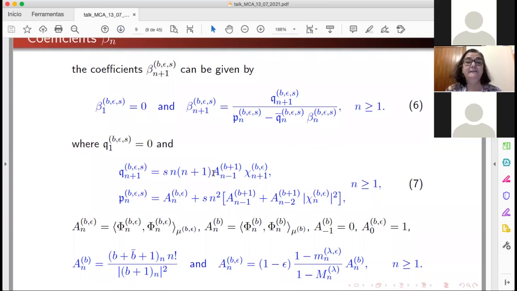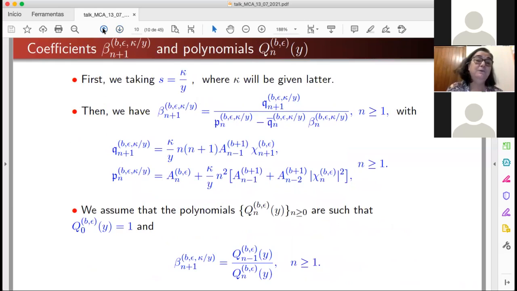Also, it's given in terms of the inner products when we use the same orthogonal polynomials involving the measure mu b plus 1 and the measure mu b epsilon. This inner product is explicitly given in terms of the Hahn symbol, and the other depends, of course, on epsilon, and also depends on the minimal and the maximal parameter sequence.